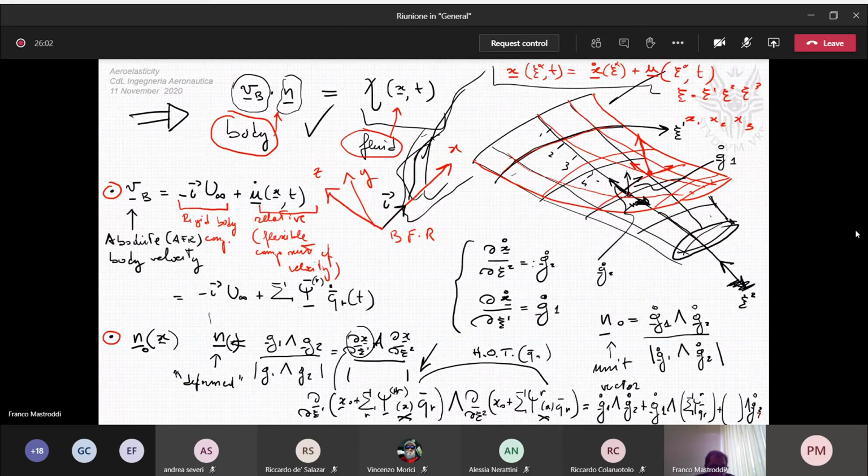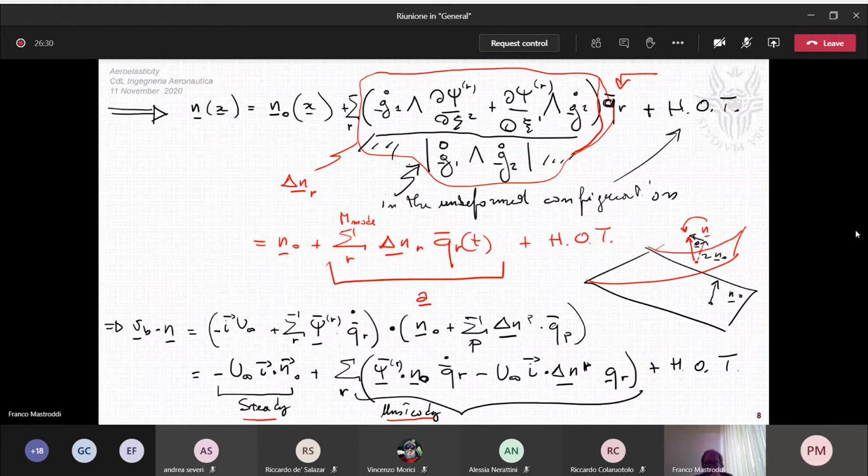As a second important step, we also have to define the normal to the body as a quantity varying with the deformation. And so we have expressed the actual value of the normal as equal to the value of the normal in the undeformed configuration, n0, plus a body flexibility dependency.